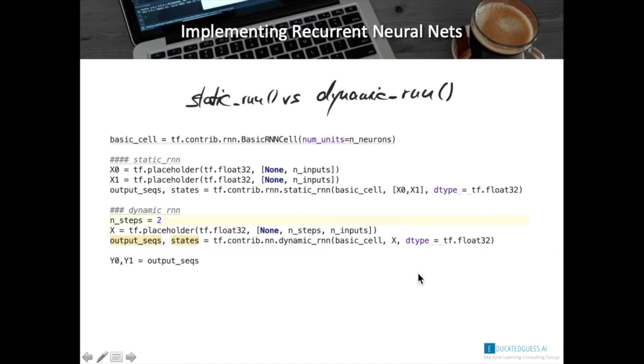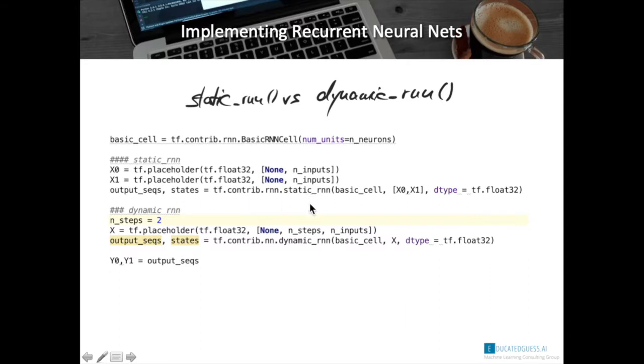However, it would be again very inconvenient having to write all these placeholders if we would like to have our network have 50 or 100 or 150 steps. So using static RNN, we would have to define placeholders for each step.